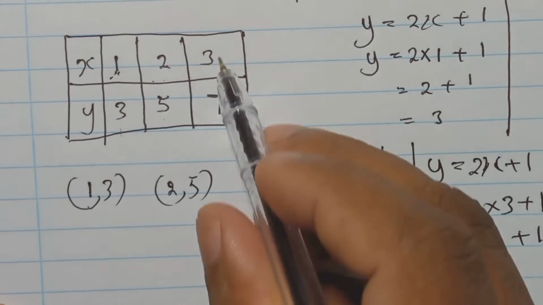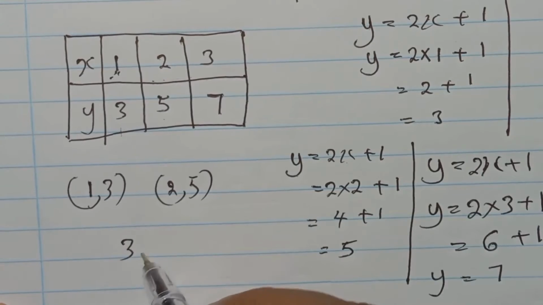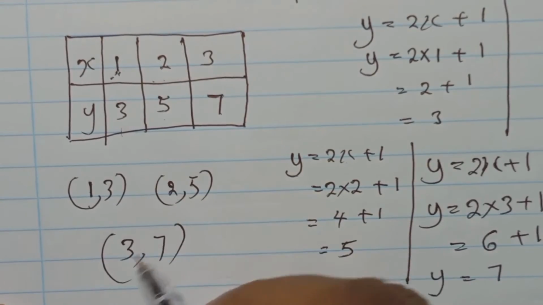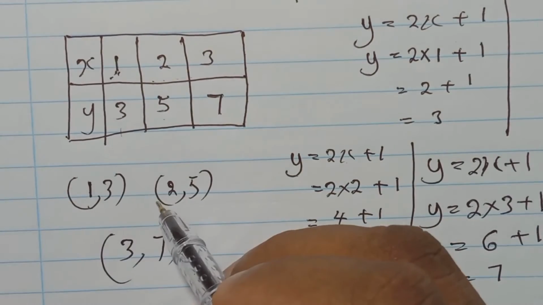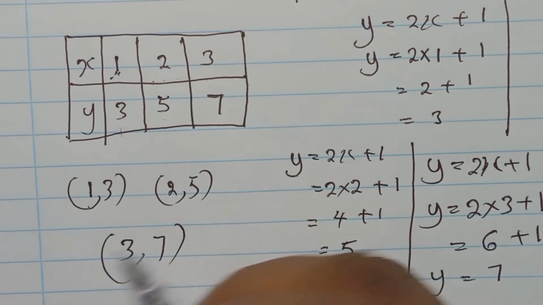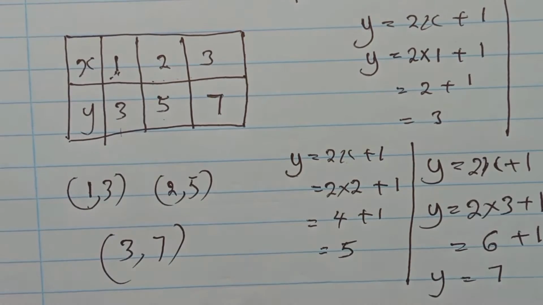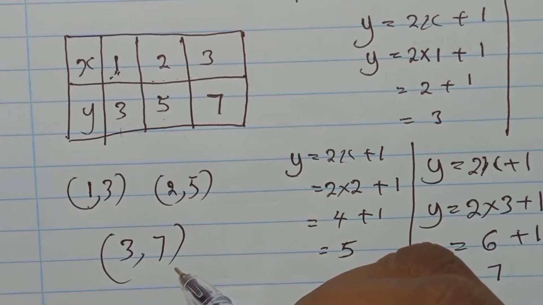Then 3 comma 7. These are the 3 coordinates. You need to mark these 3 coordinates on the Cartesian plane, on the grid, and then just join those 3 points. Now I will do that.